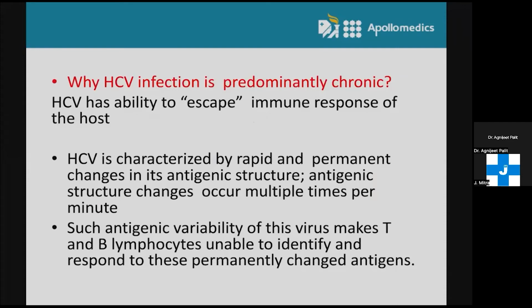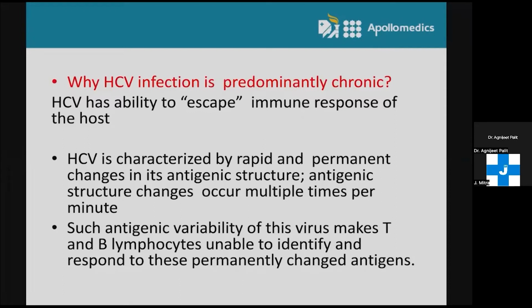Now, coming to a most important concept: why is hepatitis C virus infection predominantly chronic? Hepatitis C virus infection is different from hepatitis B infection in that the chance of chronicity in hepatitis C virus infection is more. Why is this so? This is because hepatitis C virus undergoes rapid and permanent changes in its antigenic structure.